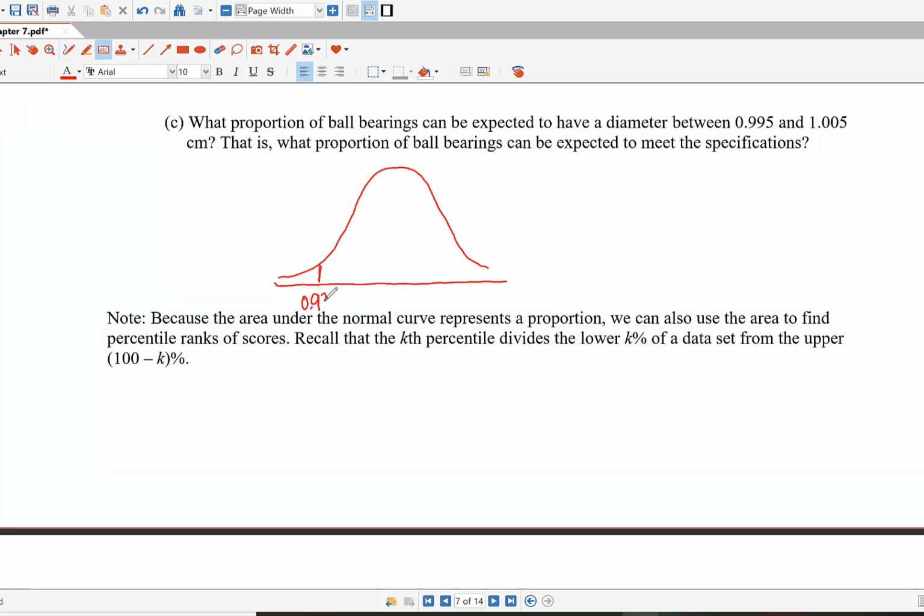The area of this region represents the proportion of ball bearings we expect to meet specifications. Does that make sense? Yeah.